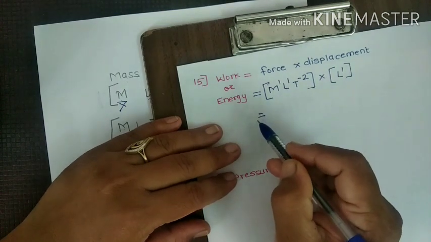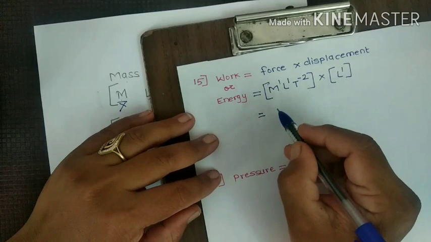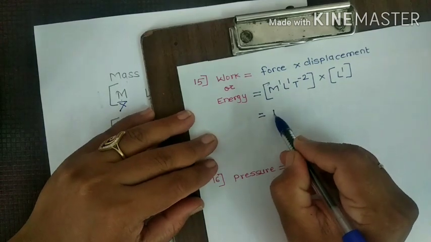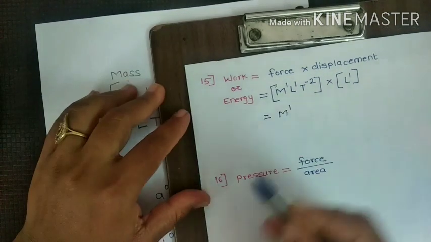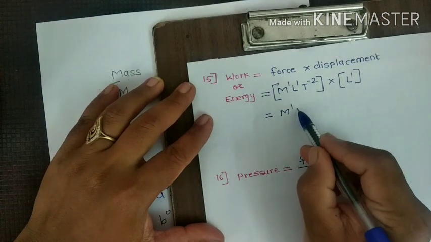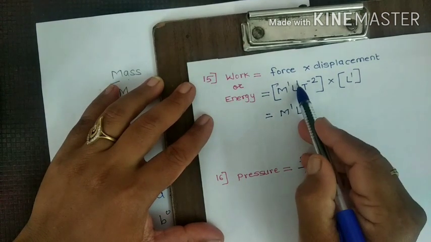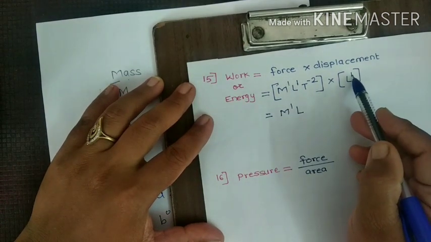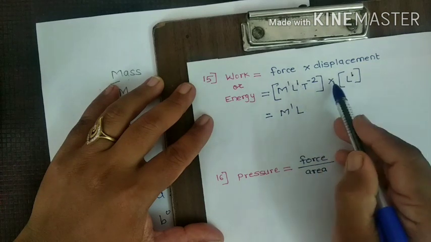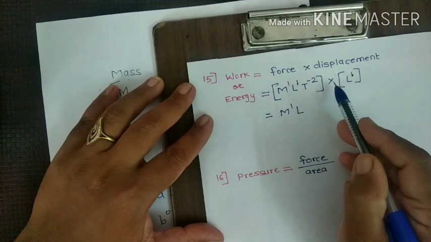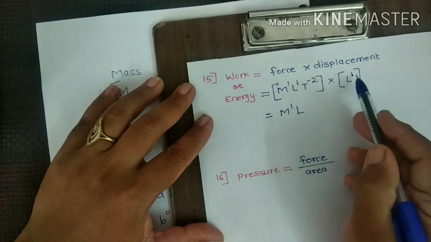That's why we get the dimensions M^1 the same, the remaining the same, but here L^1 multiplied by L^1. Due to that multiplication there is an addition of powers.